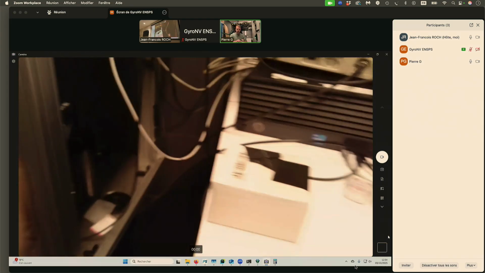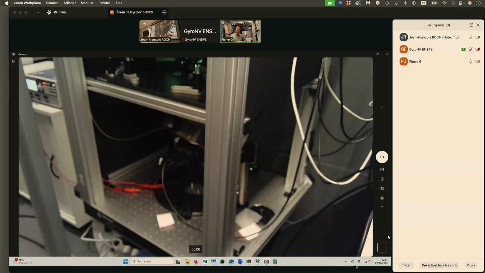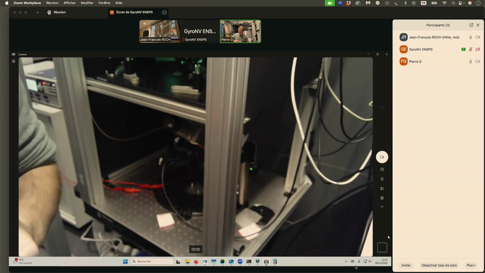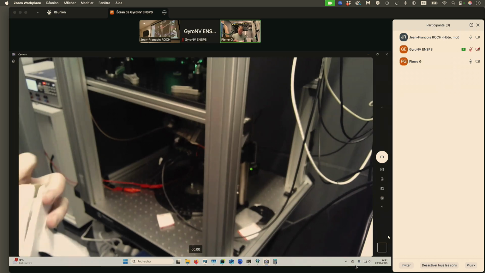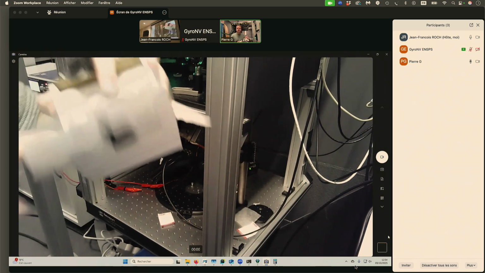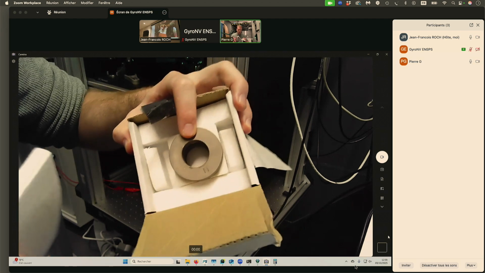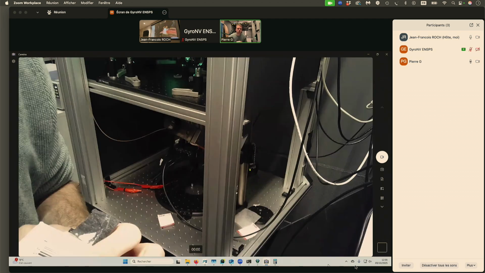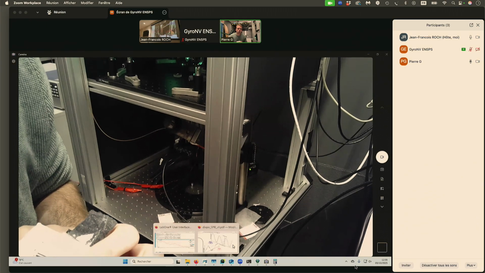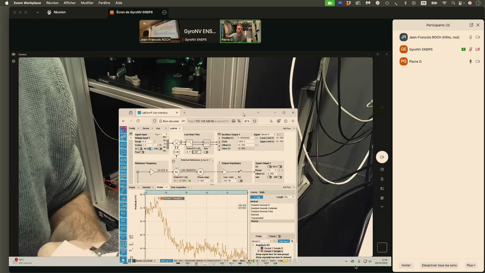Here, inside I have a permanent magnet, quite a strong one. And look at the signal when I move it. Maybe I can plot both. It would be nice.